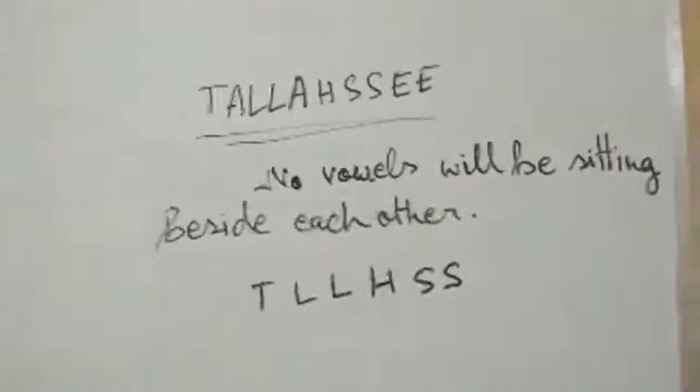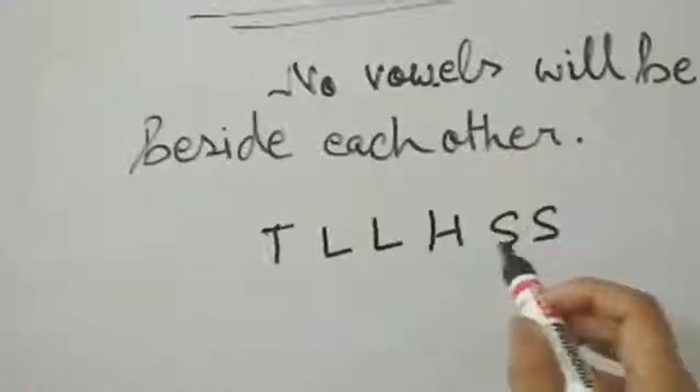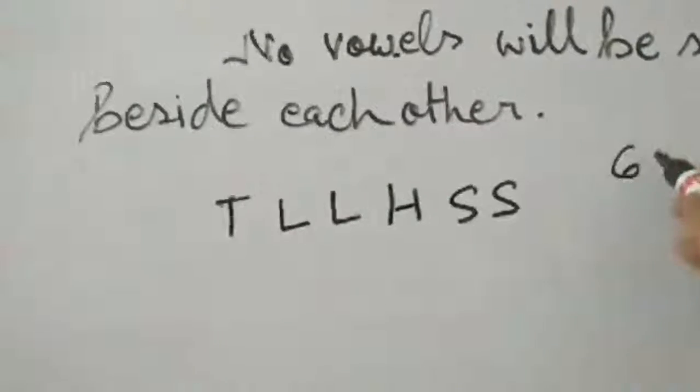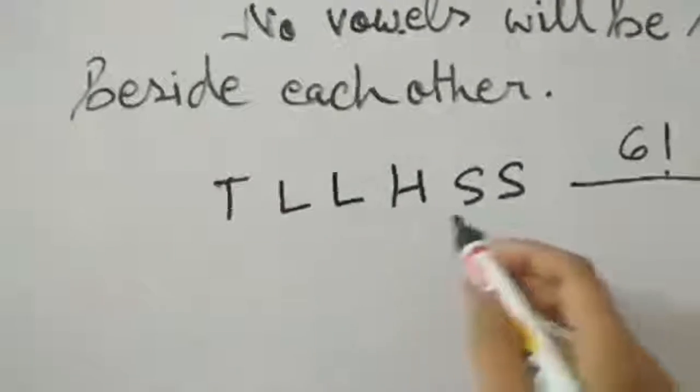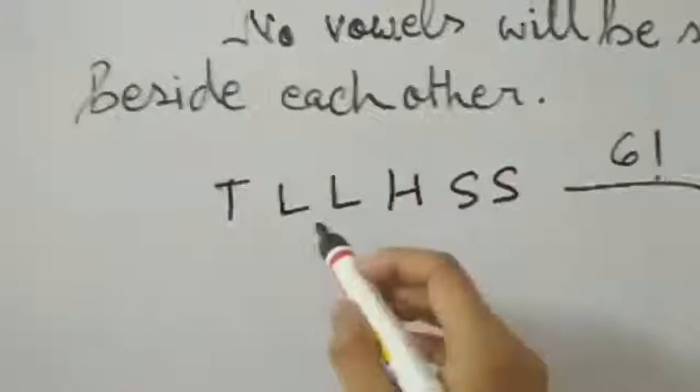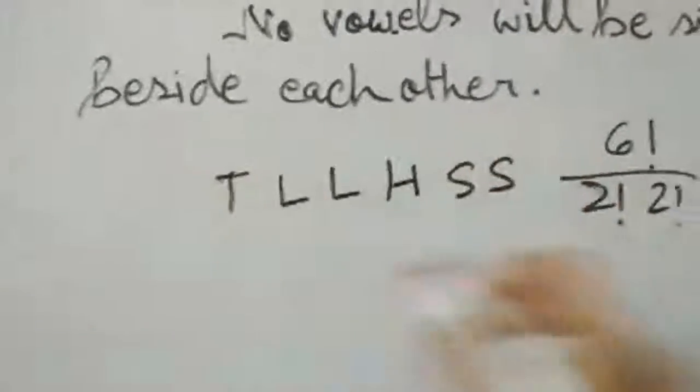I hope you got this, Deepak. This is the number of consonants present. So how many ways can the consonants be arranged among themselves? One, two, three, four, five, six. Six consonants are there. So six factorial divided by, because two particular letters are repeated twice, two factorial by two factorial for this arrangement of only consonants.